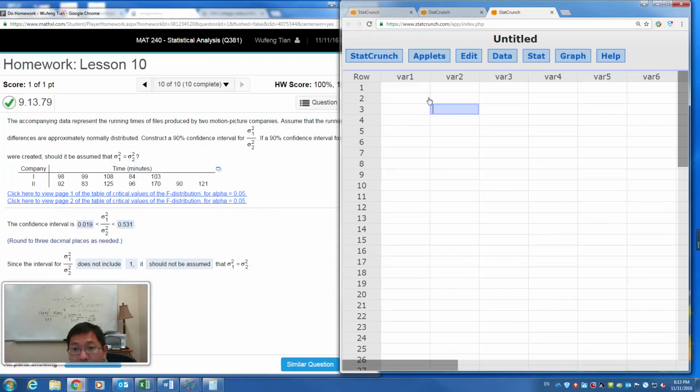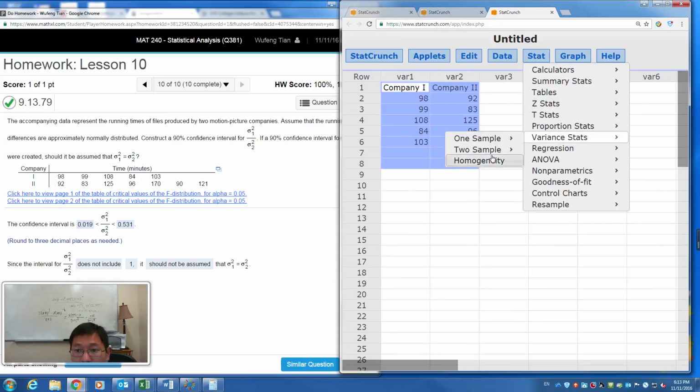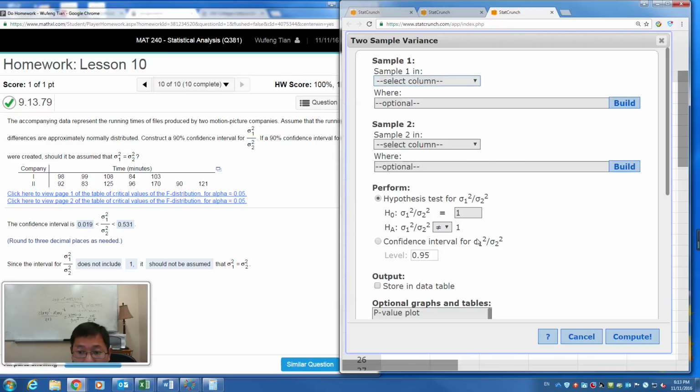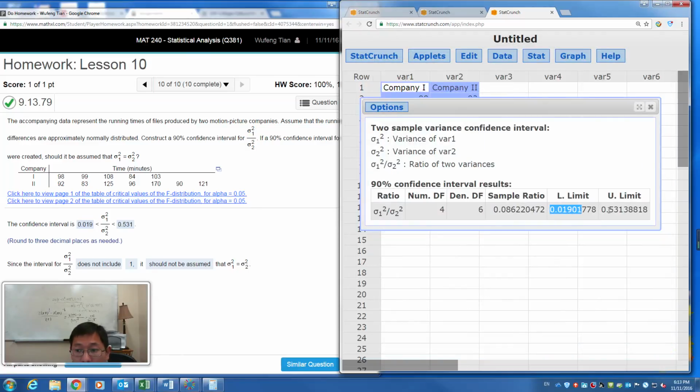Okay, copy that, paste it, and then I do stat variance stats 2 sample with data, and what I need to check is sigma 1 square over sigma 2 square, and is what, 90% confidence interval, right? And sigma 1 is var 1, sigma 2 is var 2, and then what you need to do, compute, and you get the lower limit, upper limit.